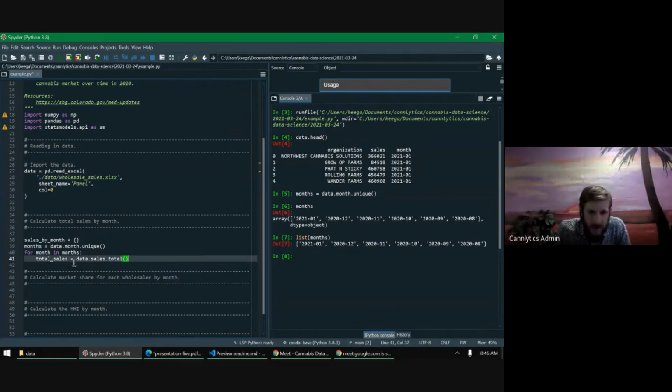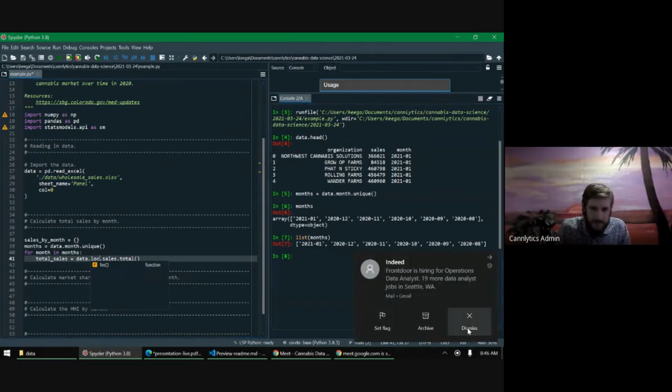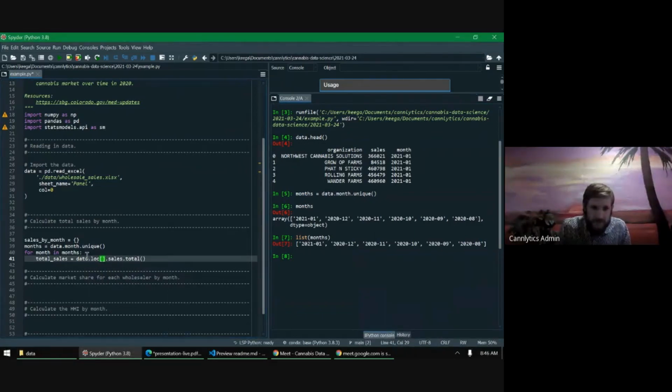But we don't want all of the data, so we'll want to locate where our month is equal to the month.